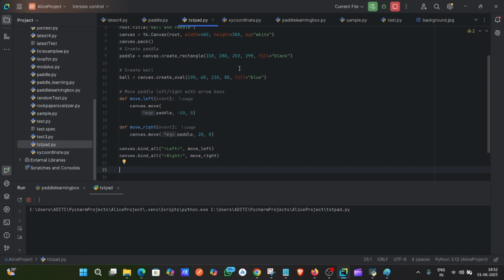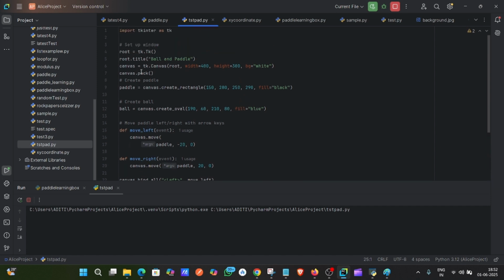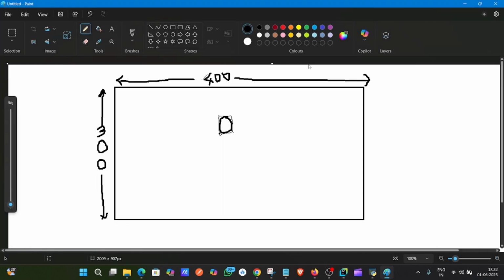So let's start. If you look at the code, this is our canvas. What is the canvas? It is with width 400 and height 300. Inside the root Tk, we have the canvas. And as we have seen earlier, this top left corner is x1, y1. So x1 equal to 0 and y1 equal to 0.